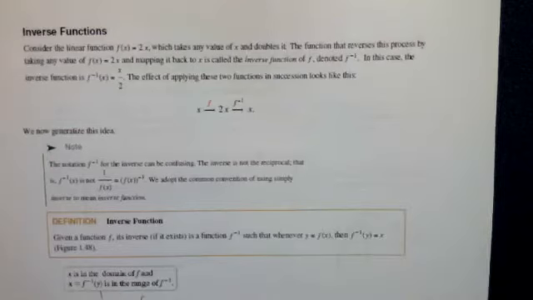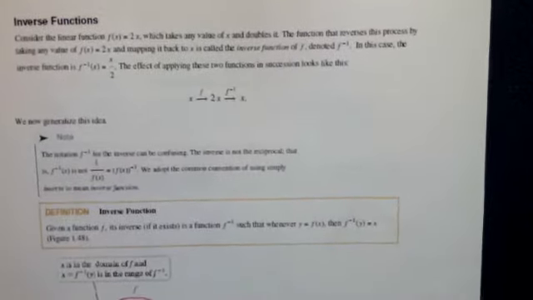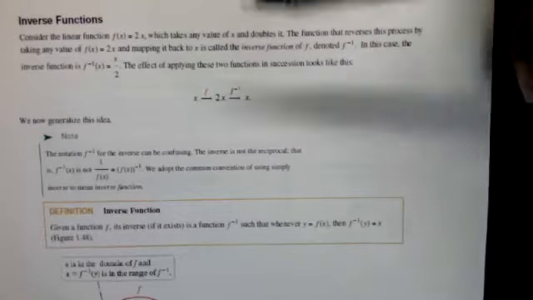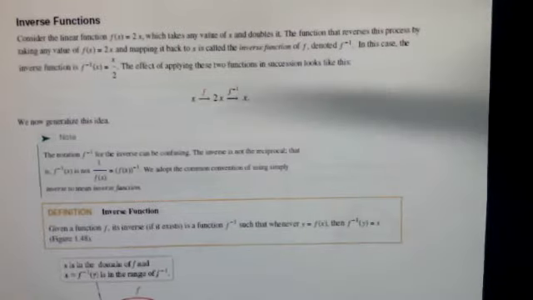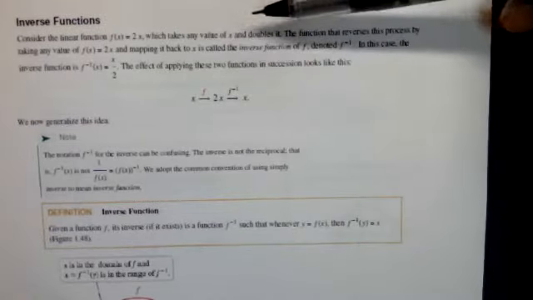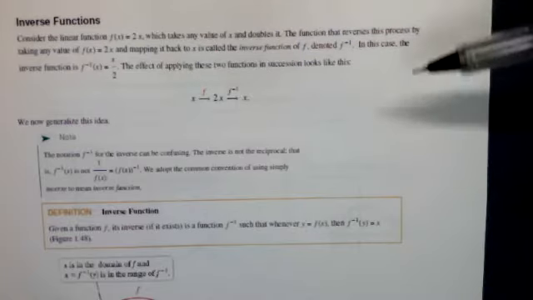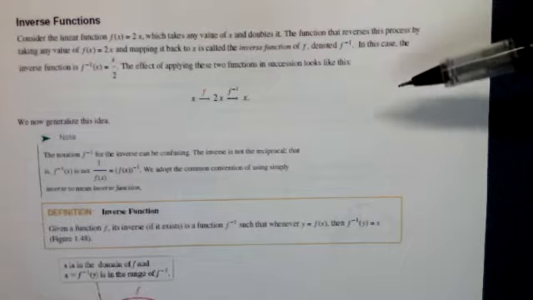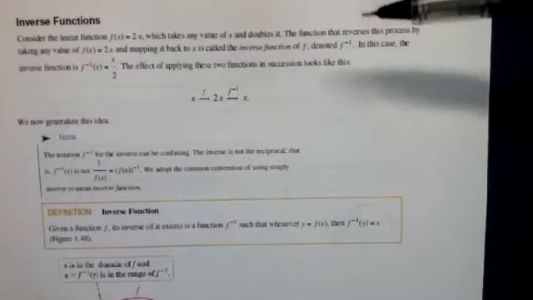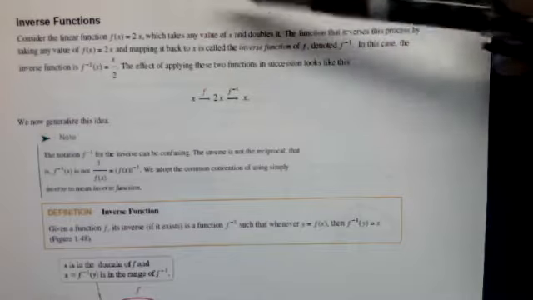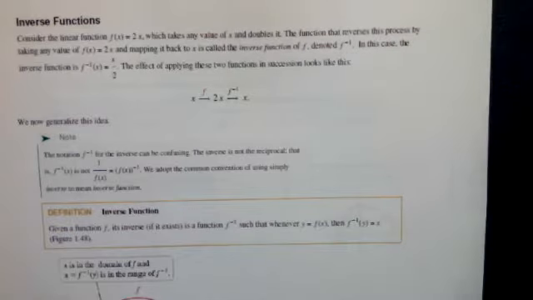All right, now we'll look at inverse functions. If we want to consider the linear function f of x equals 2x, which can take any value of x and then double it. So here's a function that reverses this process by taking any value of f of x equals 2x and mapping it back to x.